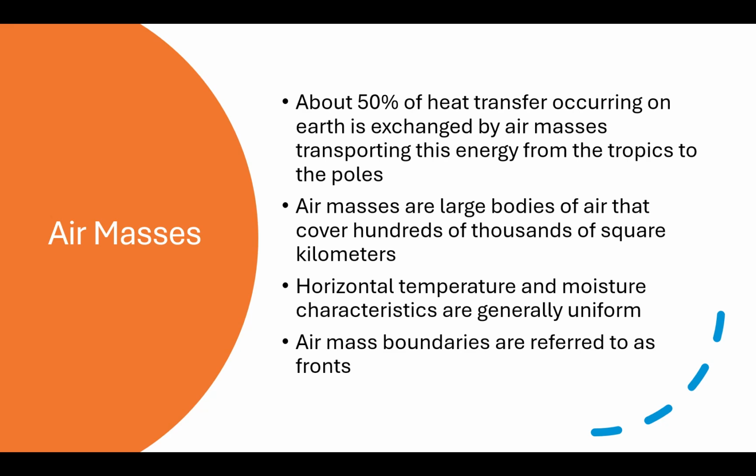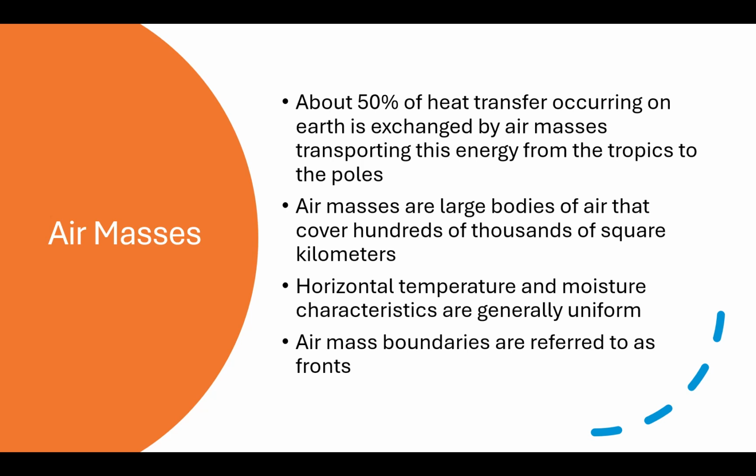And air masses do 50% of this work. The other work is done by ocean currents as well, the warm ocean currents that run from south to north. They also do their part in exchanging excessive heat.